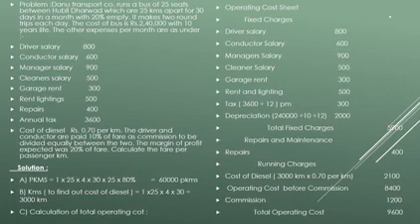So number of bus 1 into distance 25 kilometers into trips 4 into days 30 is equal to 3000 kilometers. So the total kilometers are 3000, total passenger kilometers are 60,000. Now we have to calculate operating cost by preparing the operating cost sheet.